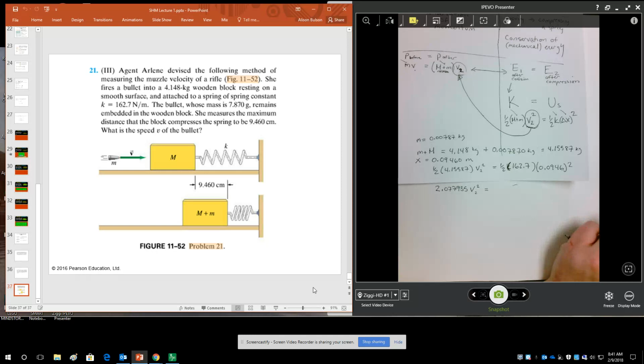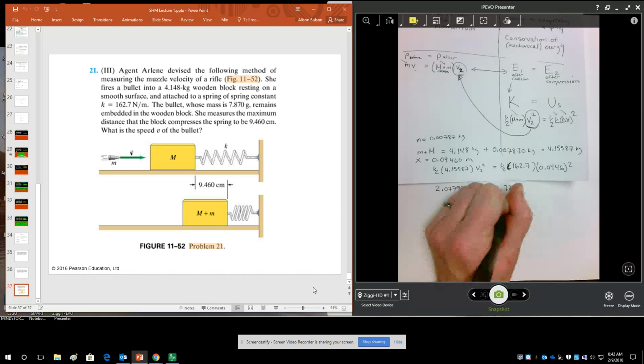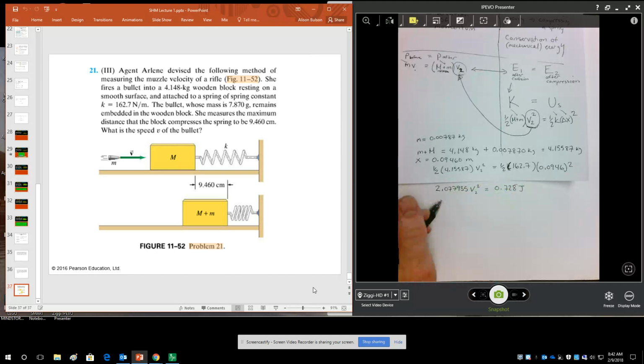On the right-hand side, I'm calculating the spring potential energy due to the compression of the spring after the bullet and block run into it. Okay, on the right-hand side, I have 0.728 joules. Now I'm starting to round.